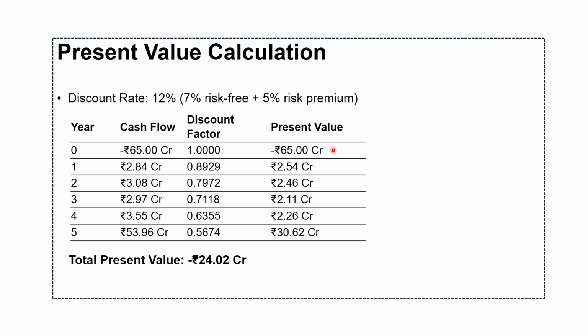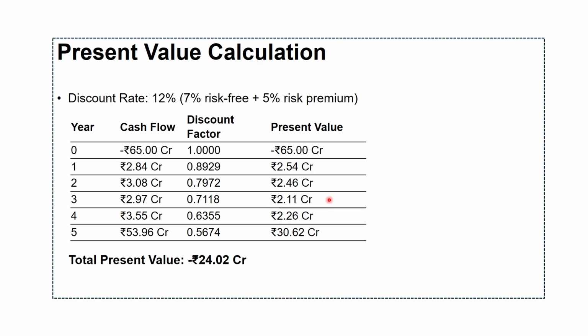Then year 4 cash flow results in present value of 2.26 crores. Then year 5 cash flow of 53.96 crores is discounted to 30.62 crores using factor 0.5674.